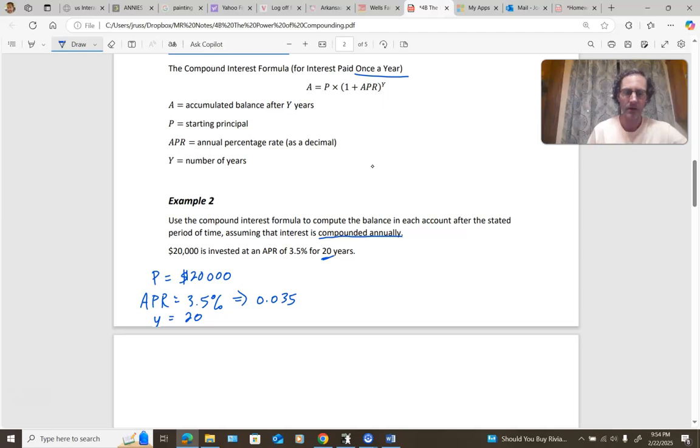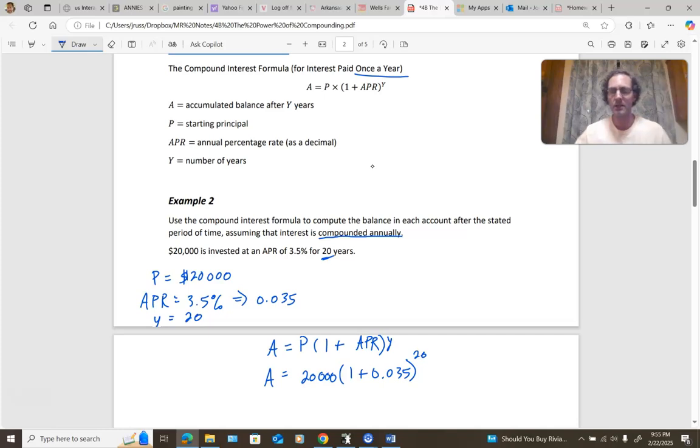So I'll rewrite my formula down here real quick, and we'll plug in those numbers. A will equal the principal, which is $20,000, times 1 plus the APR as a decimal, 0.035, and then Y is the exponent, and it's 20.